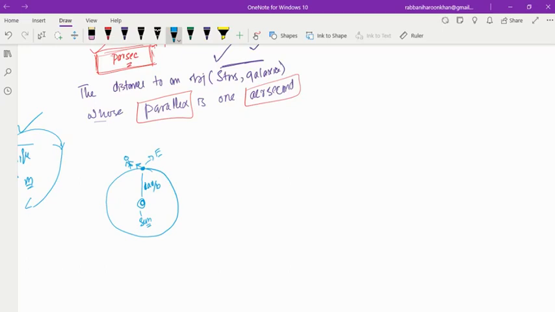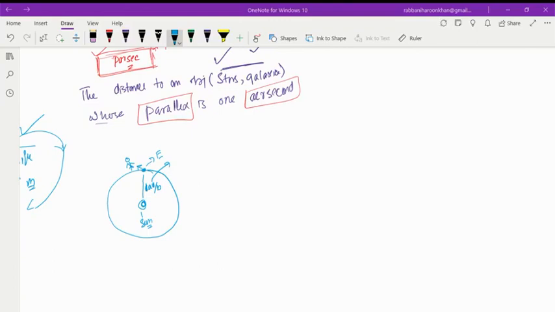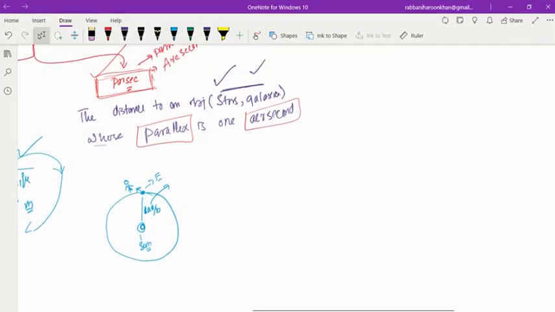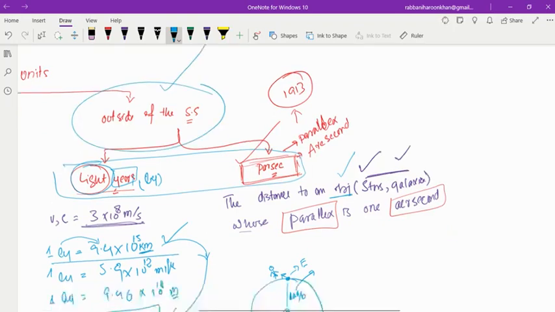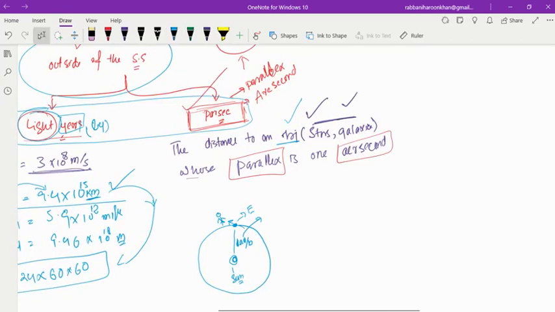The distance between Earth and Sun in astronomical units is 1 AU, and in kilometers we know that is 150 million kilometers, but here we will consider just 1 AU for the sake of convenience. Now, as mentioned, for the distance to an object we have to take something as reference, because these two units are mostly used for things outside the solar system, galaxies or stars, and we measure distance with them as reference.